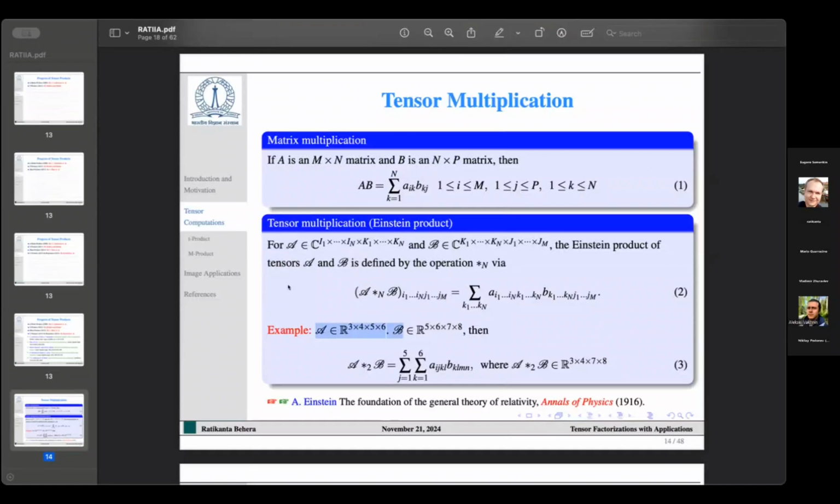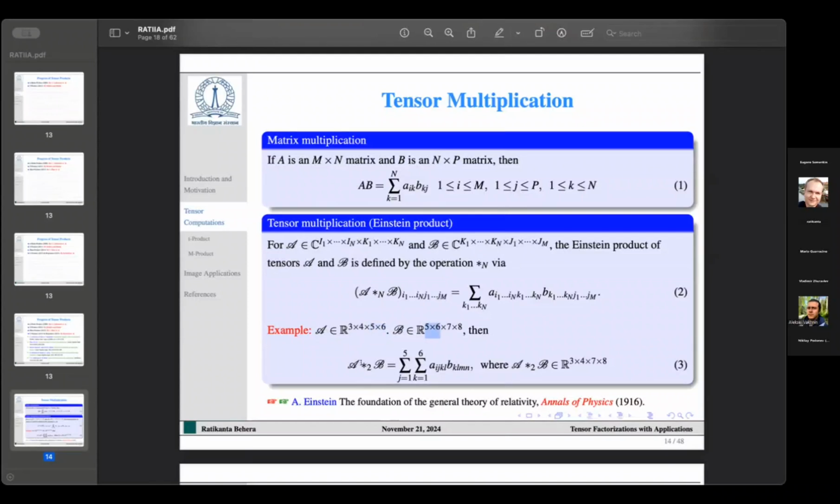A is a fourth-order tensor of size 3, 4, 5, 6, and B is a tensor of size 5, 6, 7, 8. The multiplication of the two tensors A and B is A star 2 B. People ask, what is star 2? Star 2 is because two indices are overlapping.